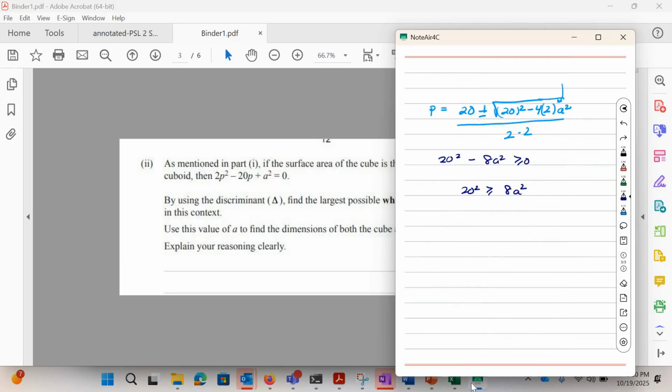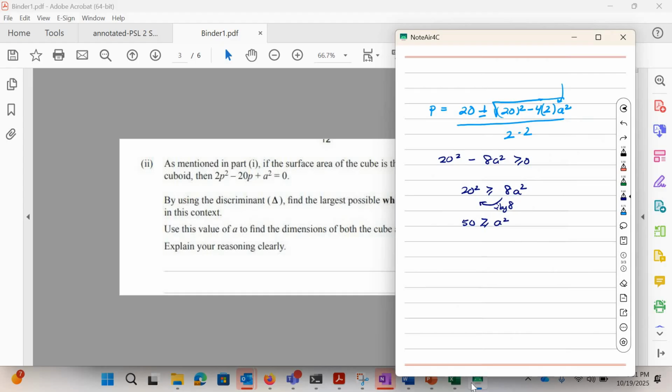Calculator, because kids today can't compute things. That's 400 divided by 8, of course. And that's 50 if I divide both sides by 8. That has to be greater than or equal to a squared.